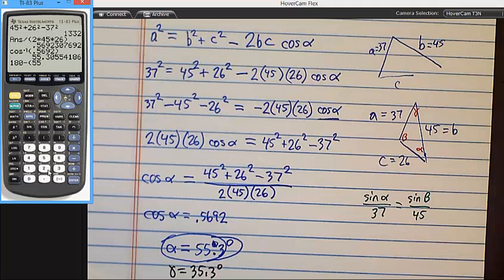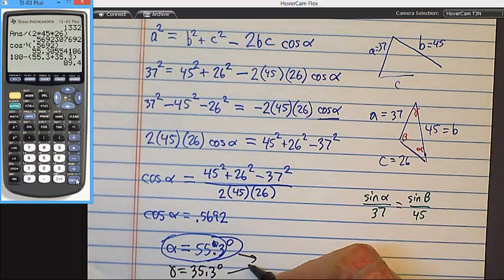So if it's 55.3, and you guys said the other one is 35.3, then you could get it. So then 89.4 would be what beta is, right? See, once I have those two, I can get the third. So yeah, once we have those two, we can get that beta is 89.4.